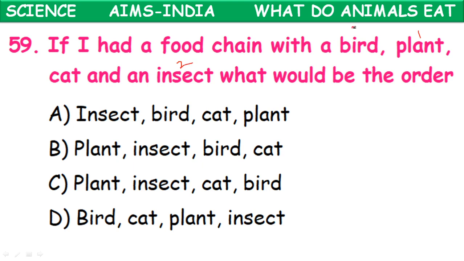Insect eaten by bird. Bird eaten by cat. Cat should come last, it is the predator. So here the option is first plant, then insect, then bird and then cat. So it is option B.